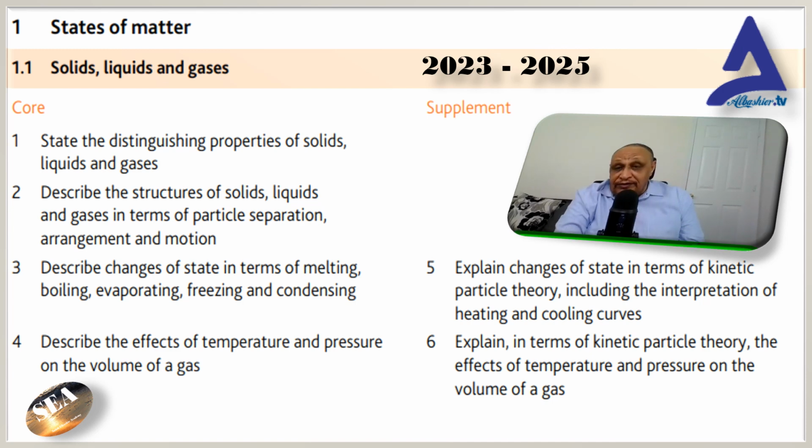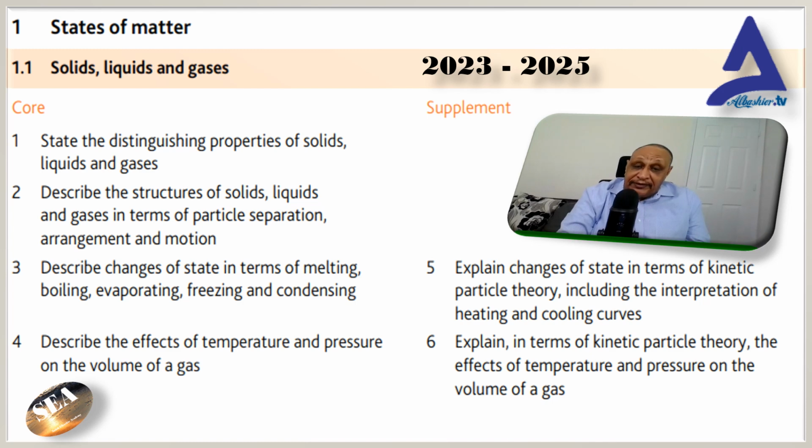In addition to this, for supplement, there are 2 more topics. The 5th is explain change of state in terms of kinetic particle theory, including the interpretation of heating and cooling curves.